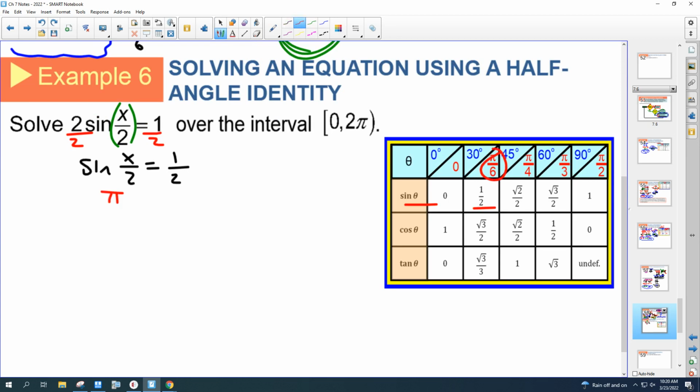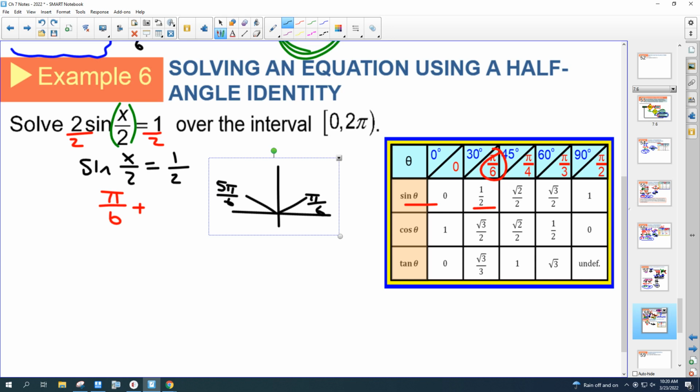Pi over 6 where sine is positive means here and here. Pi over 6 and 5 pi over 6. You should be getting better at this. It's pi over 6 before halfway around, before 6 pi over 6. We've got pi over 6 and 5 pi over 6.